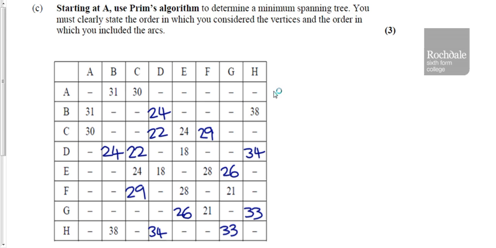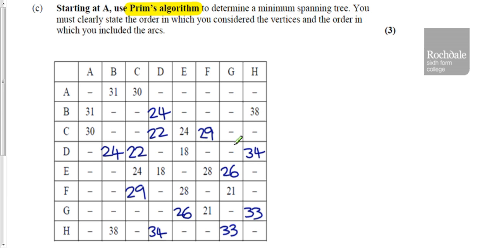Question 1, part C. We have to use Prim's algorithm to find another spanning tree for this network from question 1. In part B, we completed this matrix or table, and since part C is saying use Prim's algorithm, and it's not specifying whether I have to use Prim on the table or on the original network, I have a choice.